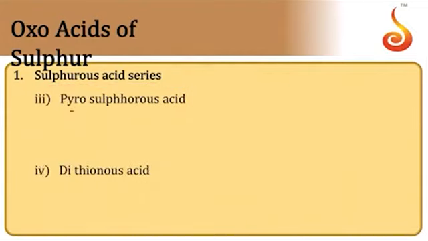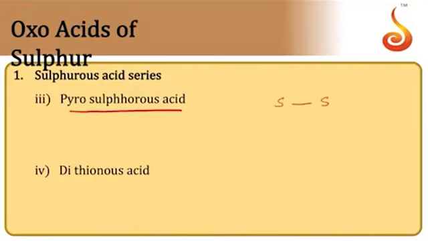Then pyrosulfurous acid. Pyro means we need to take 2 units of sulfurous acid and remove one water molecule from them. Then you get pyro acids now. Pyrosulfurous acid is going to have 2 sulfur atoms in it. So let us write 2 sulfur atoms.